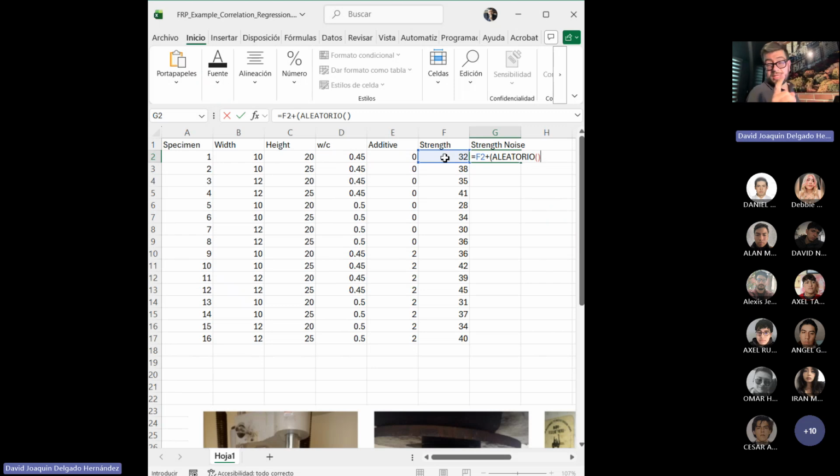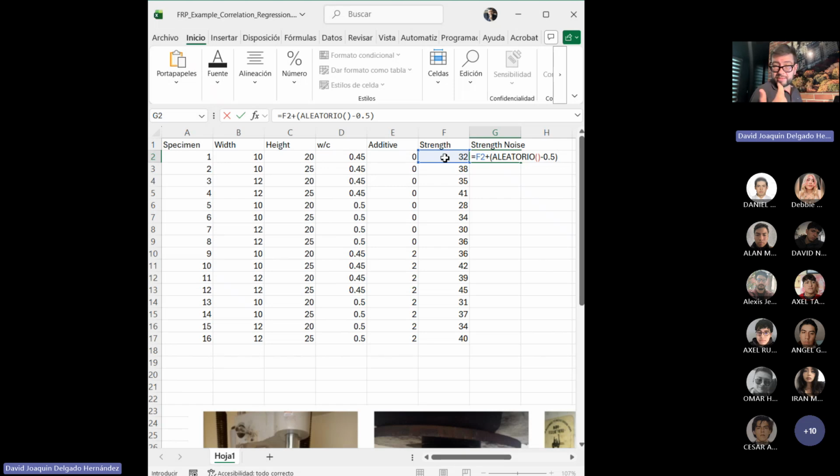So imagine that this value is 1. You are going to subtract minus 0.5. So that means that if the value of the random number is 1 and you subtract 0.5, this value is going to be precisely 0.5. But what happens if the random number is 0?